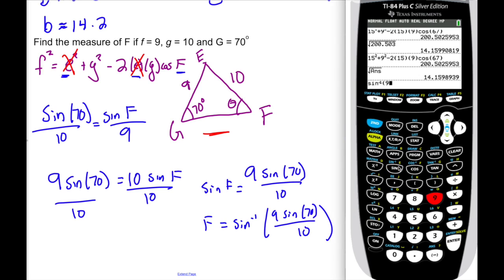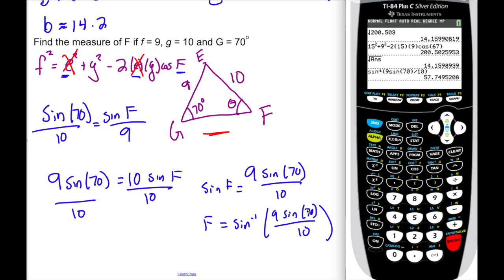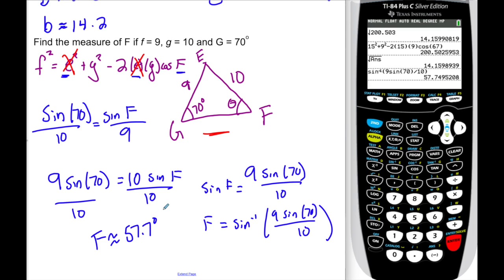So inverse sine 9 sine 70 over 10. Great. So what I get is f is approximately equal to 57.7 degrees. And that actually does make sense.